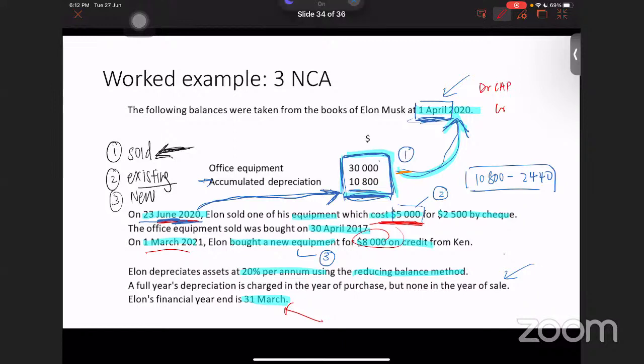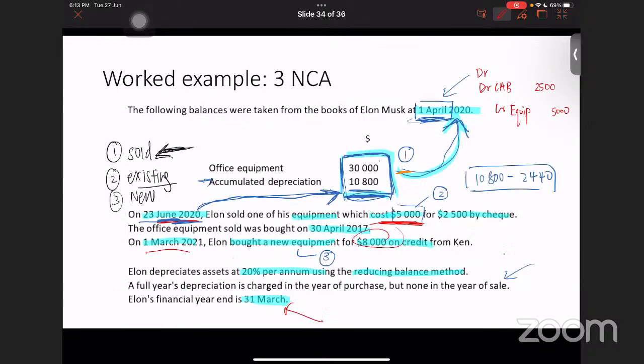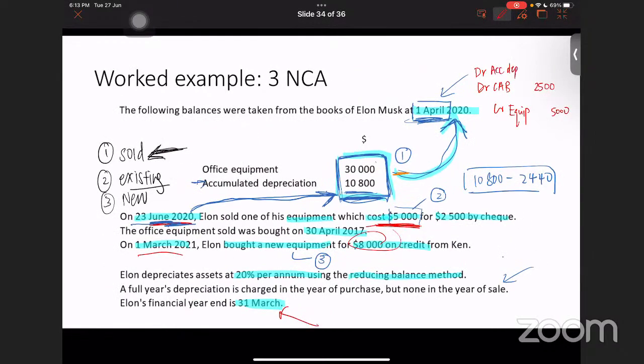So debit cash at bank, 2,005. Okay, then what else I need to do? Remove the equipment, right? Because I sold. So credit the equipment, which costs 5,000. What else I need to get rid of? The accumulated depreciation that comes along with it, am I right? Which is this 2440 that we found out earlier. So I will debit my accumulated depreciation of 2440.